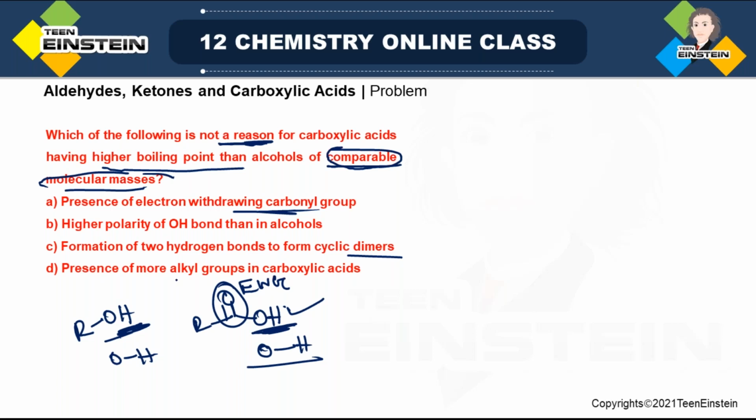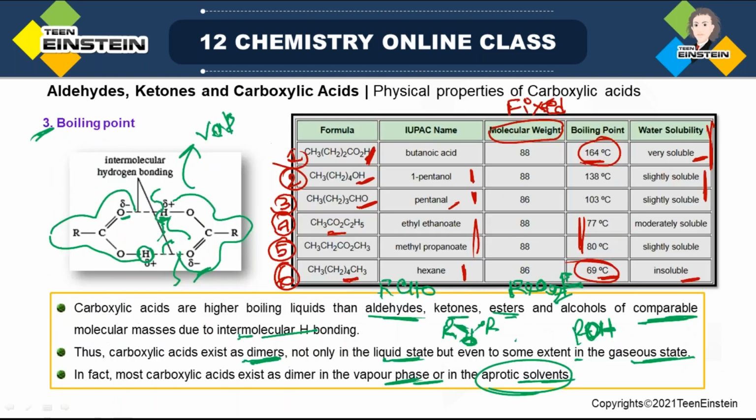But the last point is saying the presence of more alkyl group in carboxylic acid. Now this cannot be the correct reason. First of all, here we are considering general structures having almost the same molecular mass, right? Same molecular mass, just have a look at the previous slide.